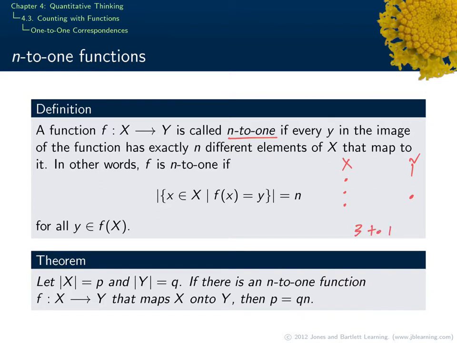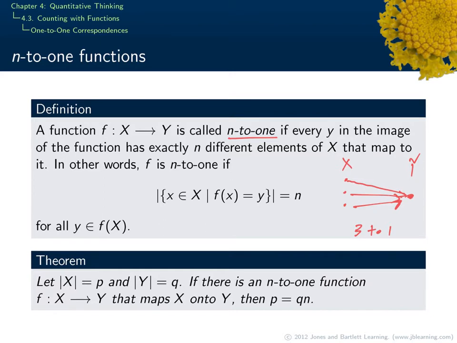Given an element in Y that's used by the function, it's used exactly 3 times back in X. So there are exactly 3 elements of X that are sent to that single y.